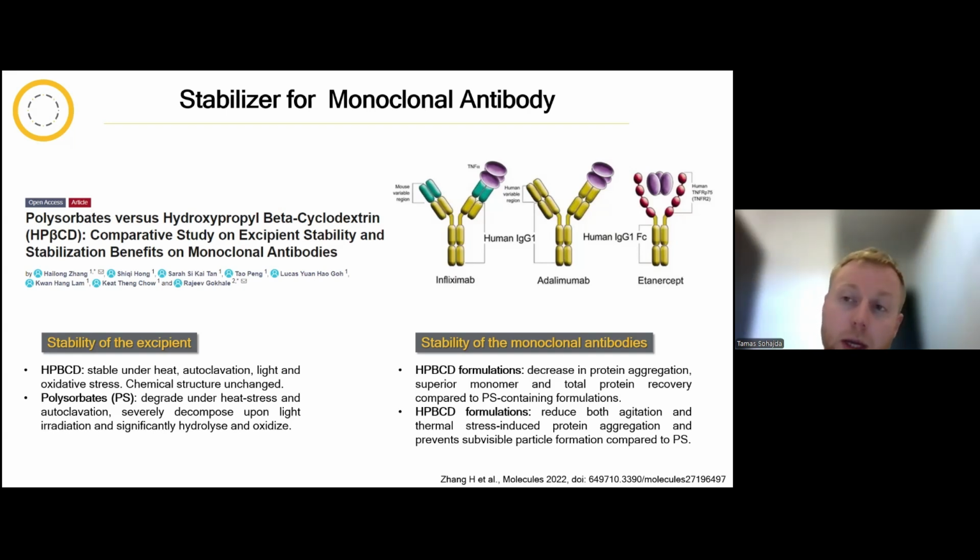And also, in my experience, and I'm not saying that I've tried all the monoclonal antibodies existing, cyclodextrins do not always work. As we have learned, some of the effects the cyclodextrins have are based on a molecular interaction and need specific amino acids to be present and available on the surface of proteins. Of course, this is not happening all the time. So with some proteins, they do not work equally well, whereas polysorbates are fairly general.